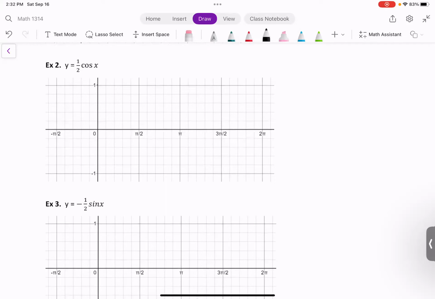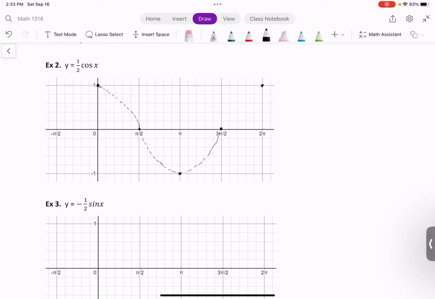The first point is 0, 1. The second point is pi over 2, 0. Then pi, -1. 3 pi over 2, 0. 2 pi, 1. From peak to peak, you cannot use solid points because this is a helping function, to help us find what the cosine function is.